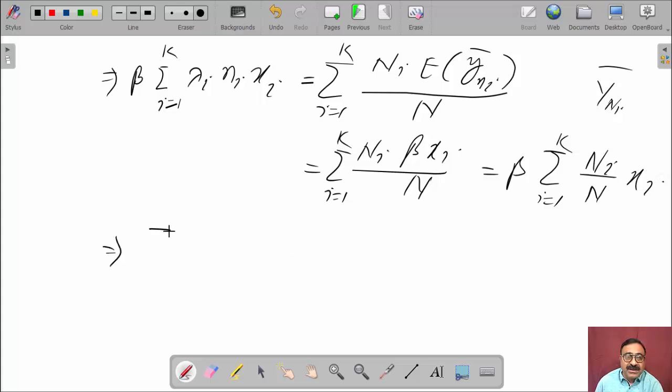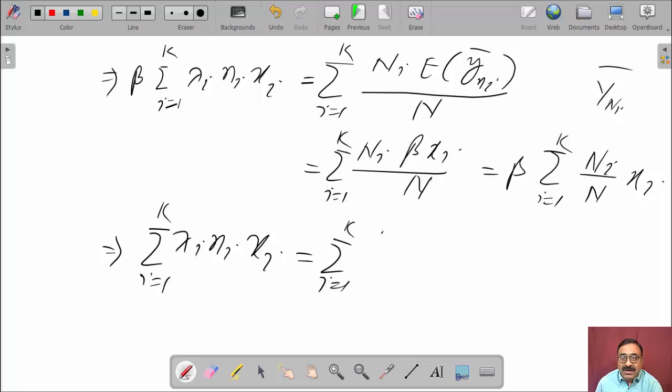So that implies, cancelling beta on both sides, summation i equal to 1 to k lambda i ni xi equal to summation over i equal to 1 to k ni by n xi. So from the condition of unbiasedness, this minus this must be equal to 0.